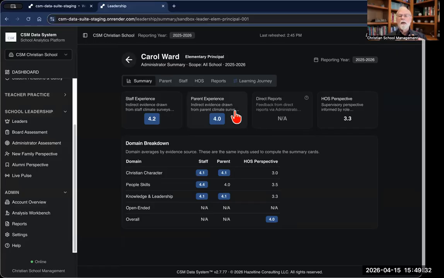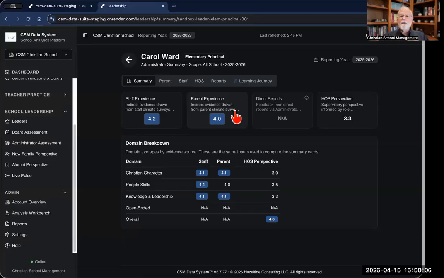And particularly when you get down into those who report to the head of school, they may be responsible for a fairly small group of teachers, 5 or 6 elementary teachers, or perhaps it's the director of advancement who has only 3 people reporting to them.